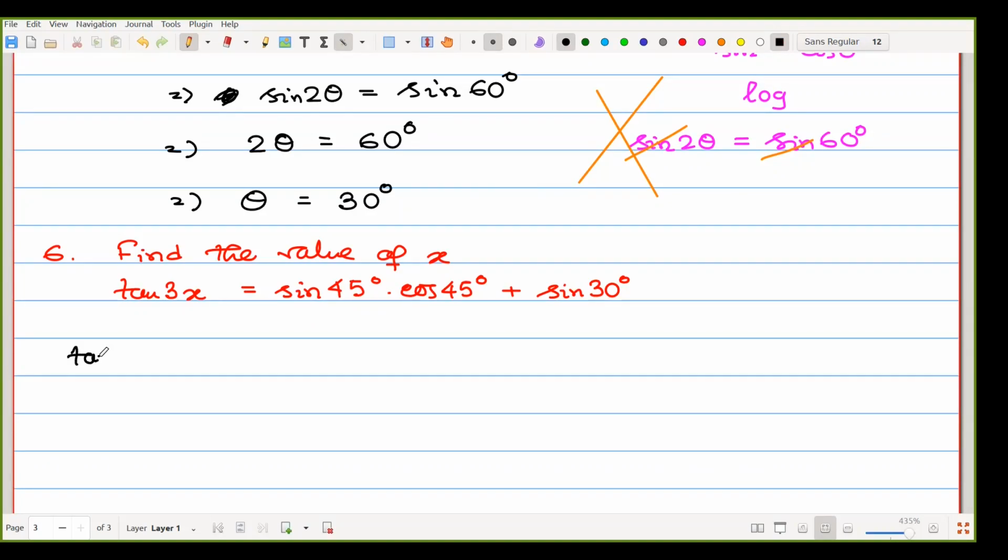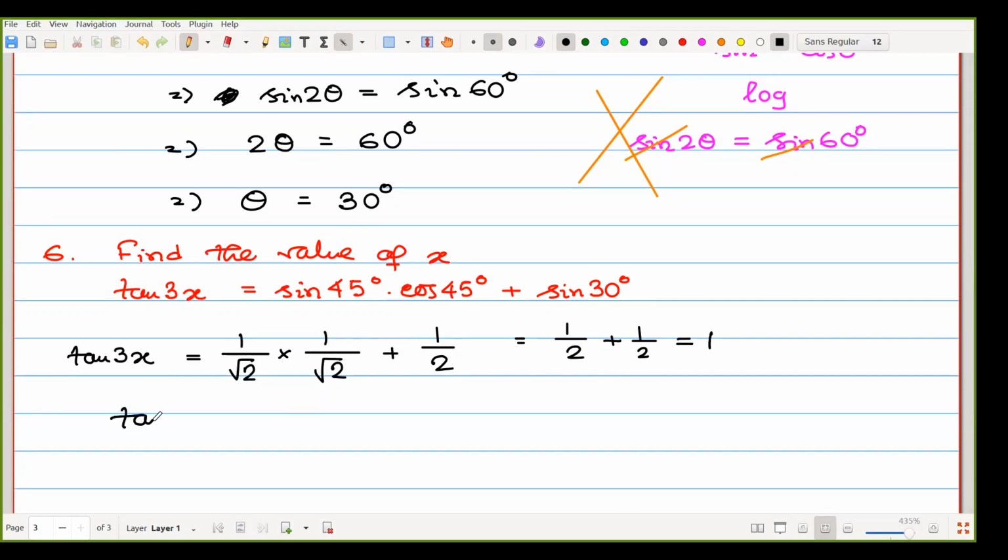So we are writing here tan 3x is equal to sine 45 degree, which means 1 by root 2, into cos 45 degree, which is also 1 by root 2, plus sine 30 degree, which means 1 by 2. Putting the values of sine 45, cos 45 and sine 30, we are getting 1 by 2 plus 1 by 2, or 1.